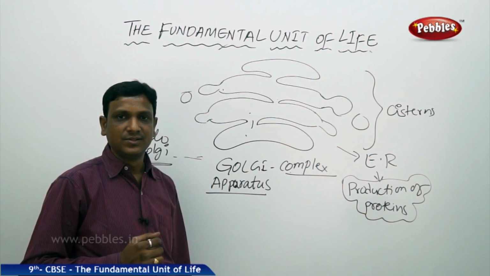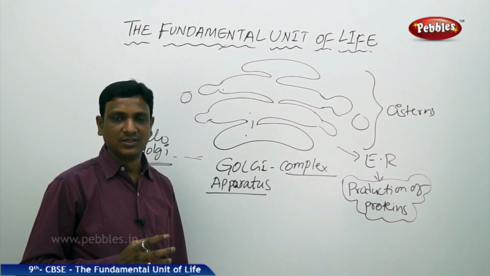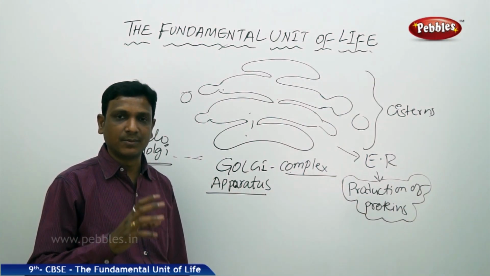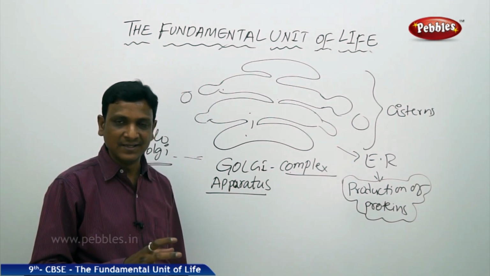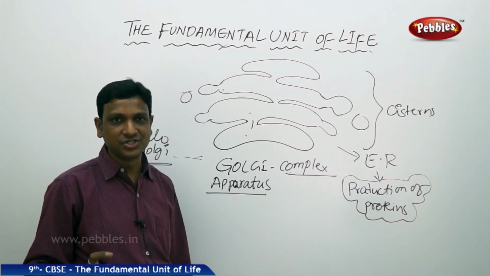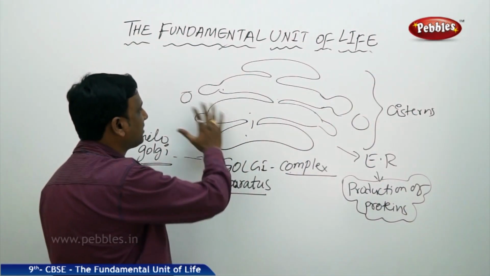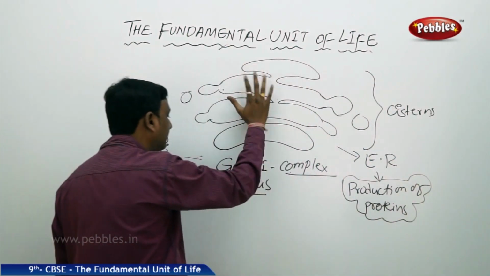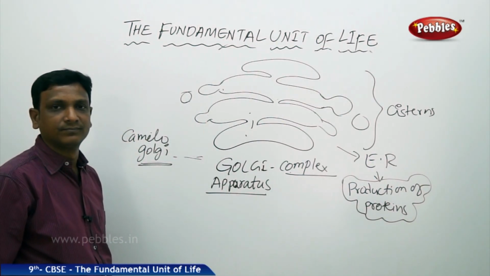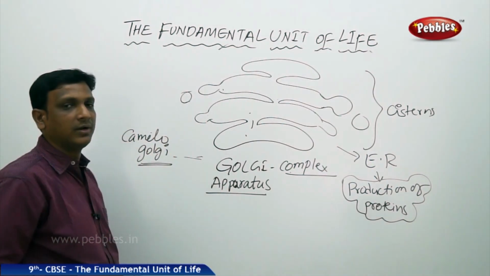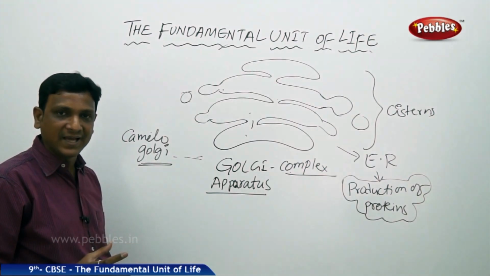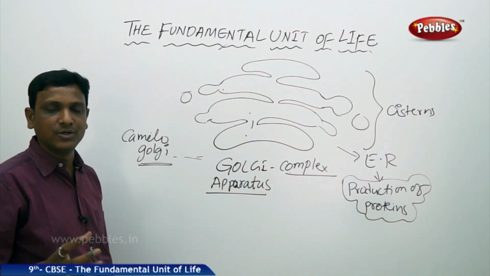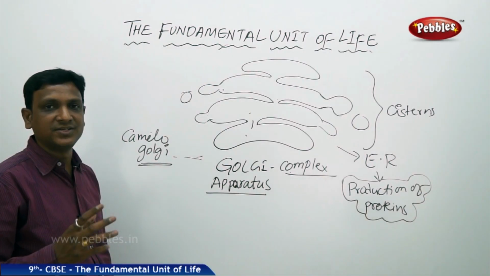In the similar fashion, how the materials produced in a factory are properly packed, sealed, and dispatched, in the same way the dispatching of the materials produced in the endoplasmic reticulum is done at this Golgi apparatus. So the main function of this Golgi apparatus is to pack the materials that are prepared by the endoplasmic reticulum and dispatch these materials.